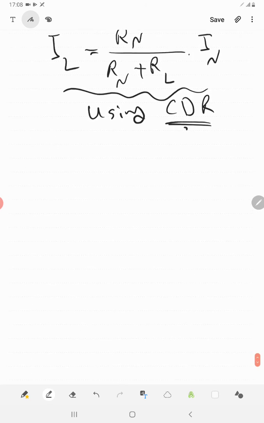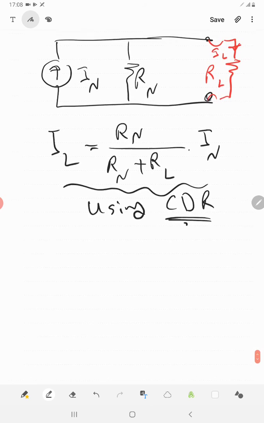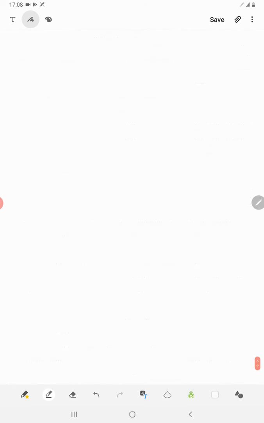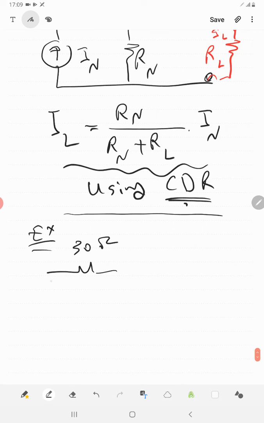If we go back, I want you to practice this, solving the assignments, but let's go through the same example, one of these examples, okay? Let's take for example the 30 ohms here, and the plus minus 240 volts.